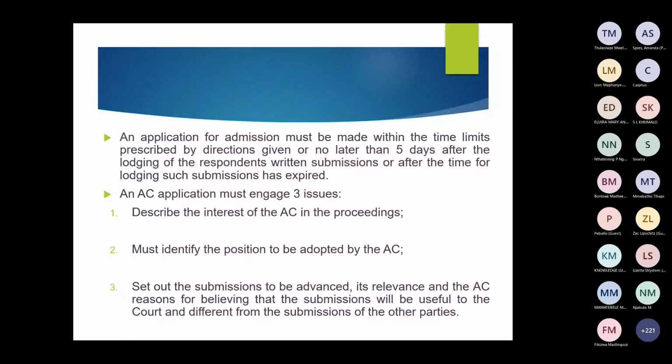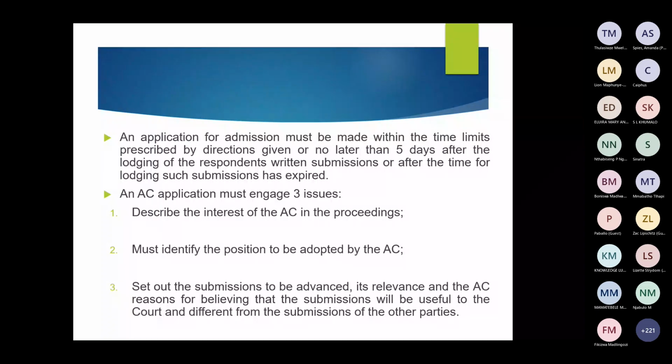It has to describe the interest of the amicus curiae in the proceedings. What would the position be that's adopted by the amicus curiae? And very important, it should set out the submissions to be advanced, their relevance, and the amicus curiae's reasons for believing that the submissions will be useful to the court and different from the submissions of the other parties.